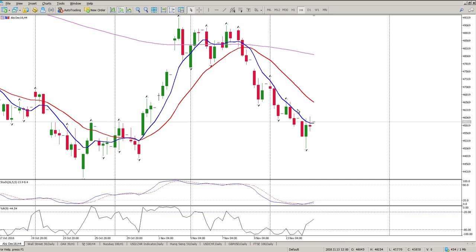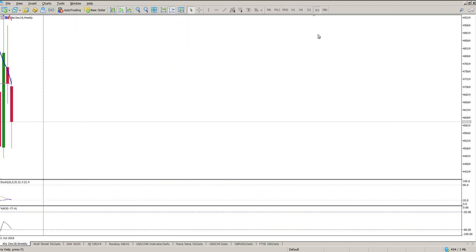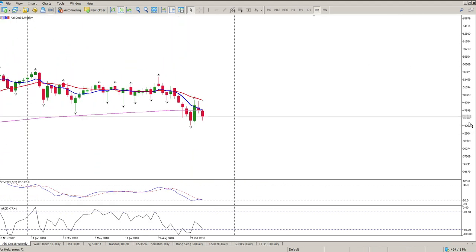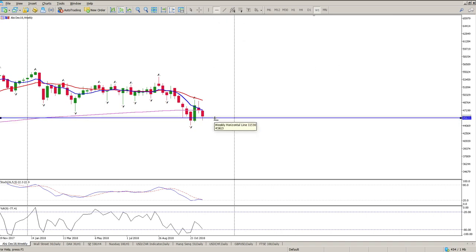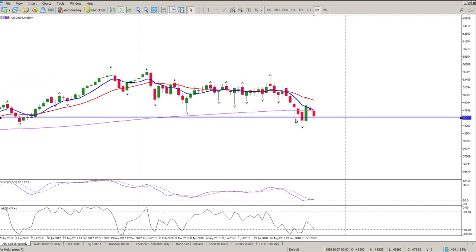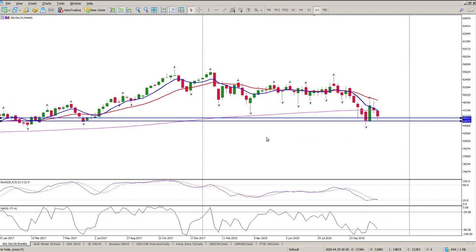At the start of the week we've been trending down, and if we just look at the weekly, this is the concern that you should have. There is our first level, and our second level is going to be around there.